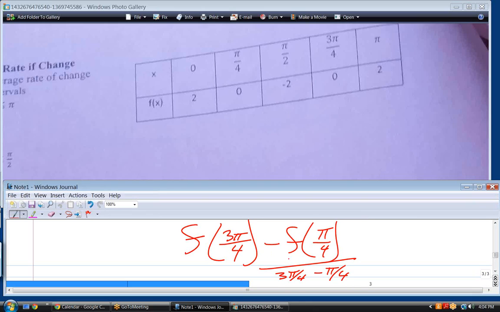That's what you want to know. Okay, so what's f of 3 pi over 4? 0. Minus 0, all over, as long as the denominator is not 0, which it isn't, it's pi over 2, then the answer is 0.